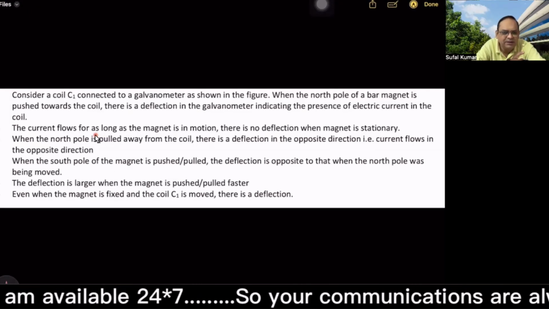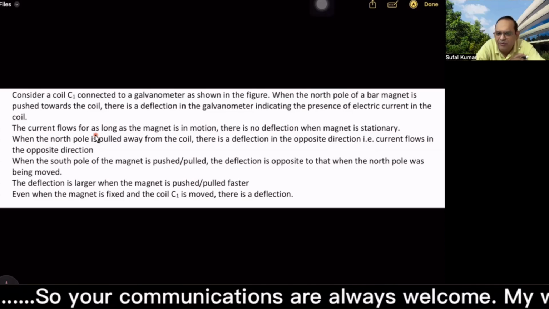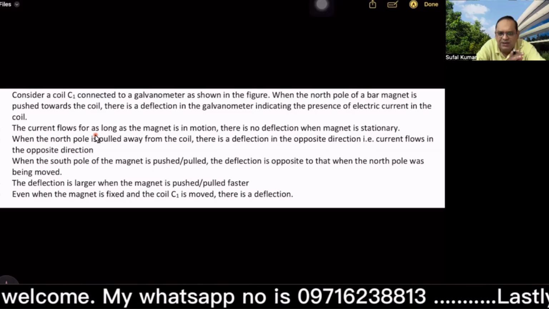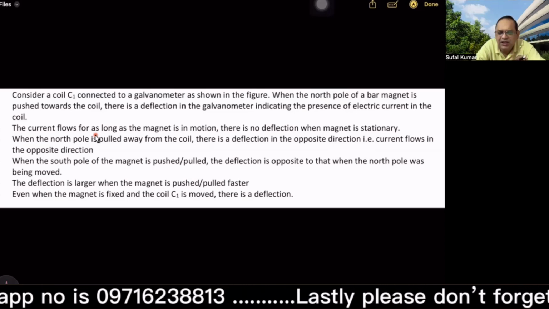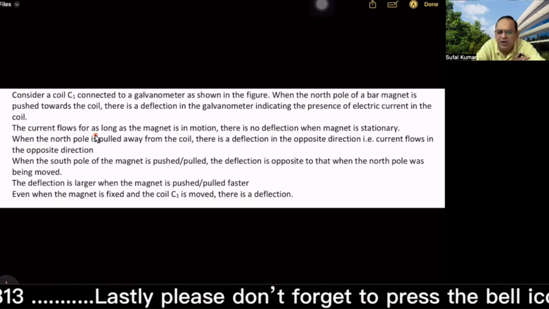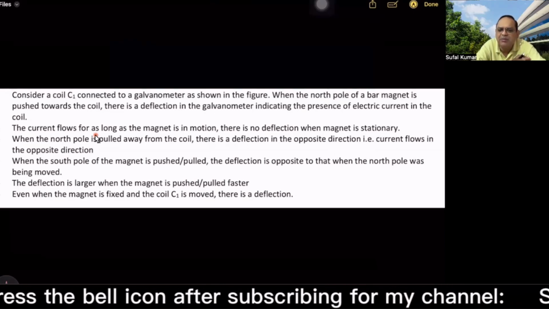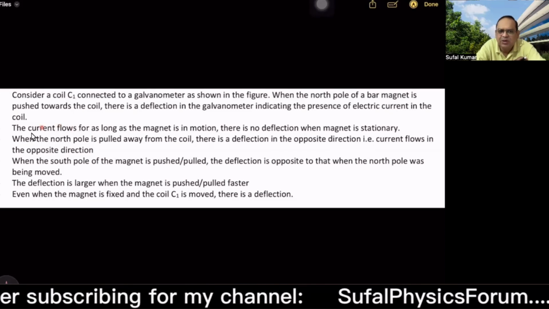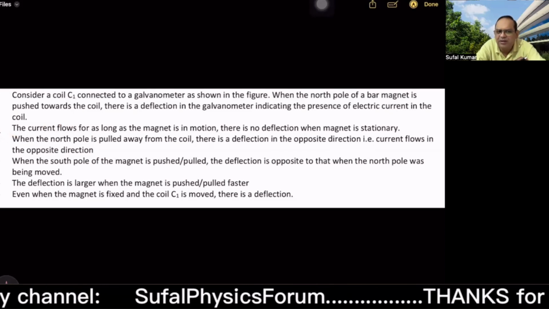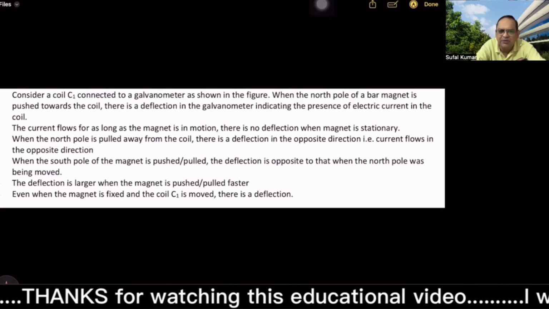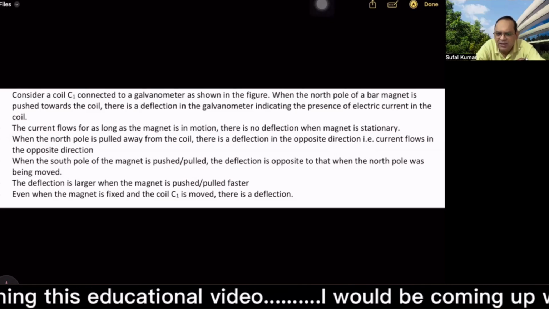And remember, in the diagram which we discussed, if the magnet became stationary, then there would be no induced current. That means induced current will disappear at once, because after the magnet acquires a stationary position, there would be no change in flux in the surrounding coil.